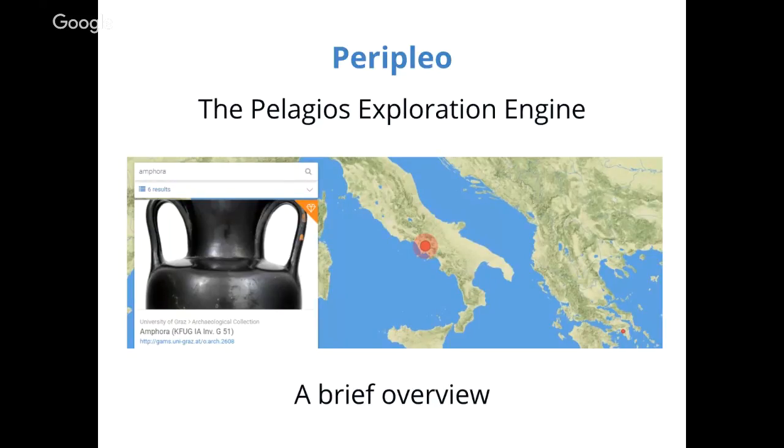And this is not just a gain in terms of sheer quantity, but it is also an enormous gain in terms of semantic relationships that can be discovered, can be established between the links. So Peripleo is an online tool to explore linked open data and to represent them and some of their relationships in a map-based visualization.